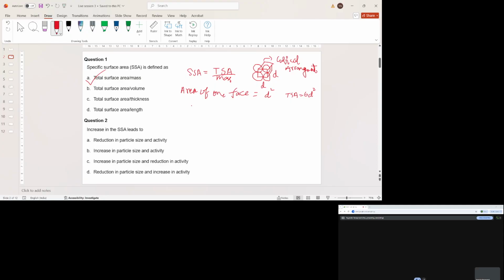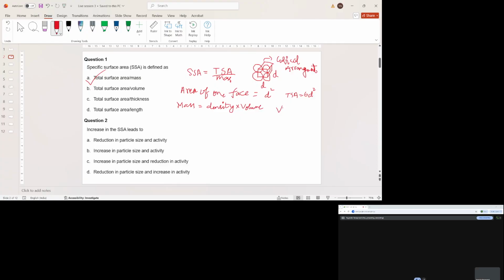Mass we cannot calculate directly, but it can be calculated indirectly by the basic relation: mass is equal to density into volume.